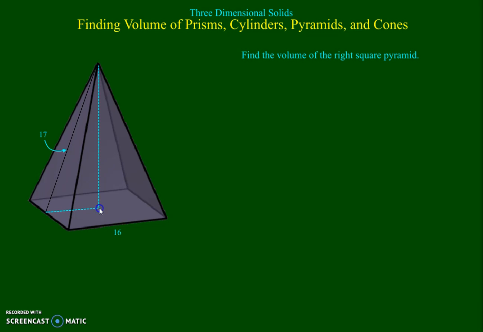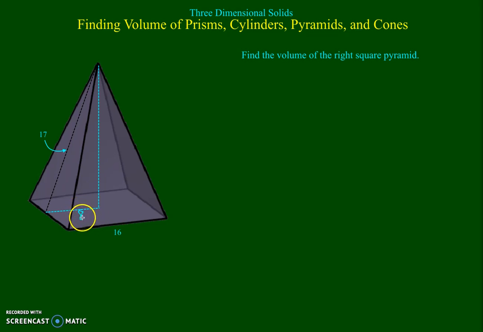We'll just make believe that that's a nice right triangle inside there. And what we want to do then is find the dimensions of this shape. Since I know that this piece is 16, this is going to be half of that because this center is bisecting that side. So this value is going to be an 8.